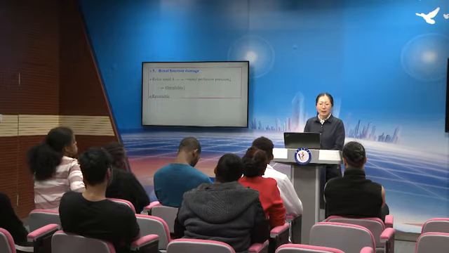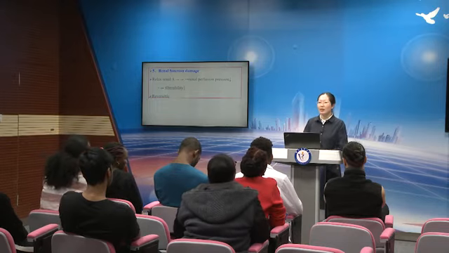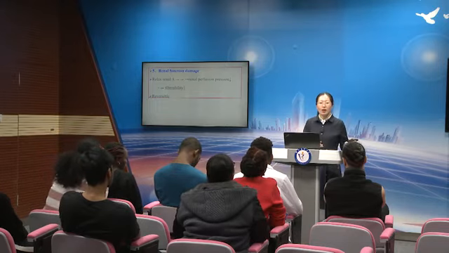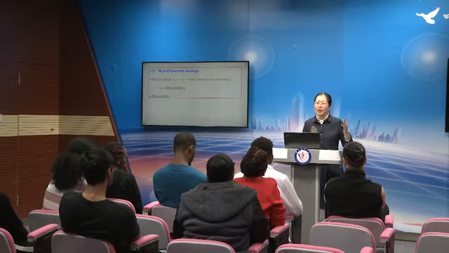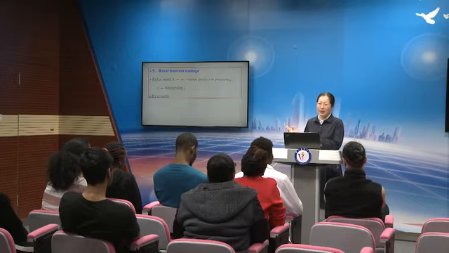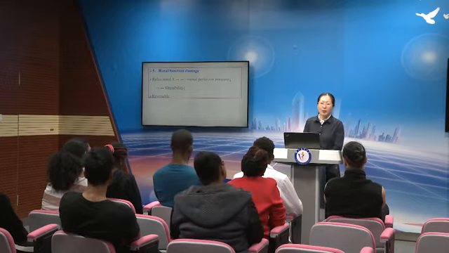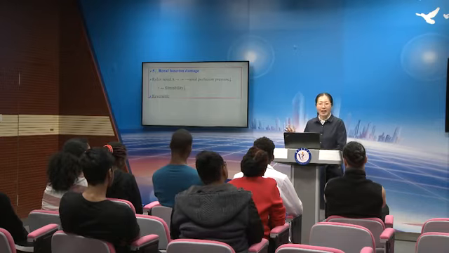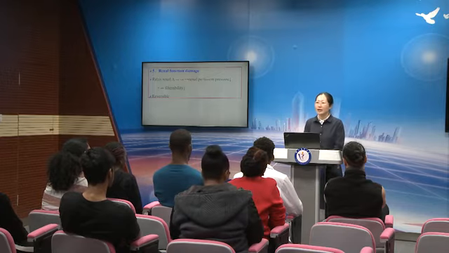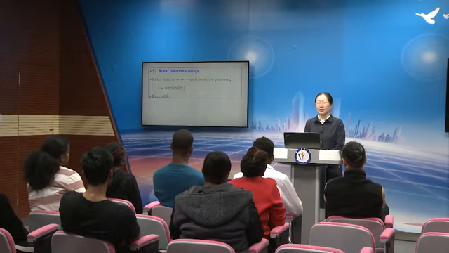Just now we mentioned ACEI is the first choice agent for renal disease with hypertension. Do you remember? Yes. But this adverse reaction is reversible, which means once we withdraw the drug, the renal function can recover. So we still can use ACEI to treat renal disease with hypertension.